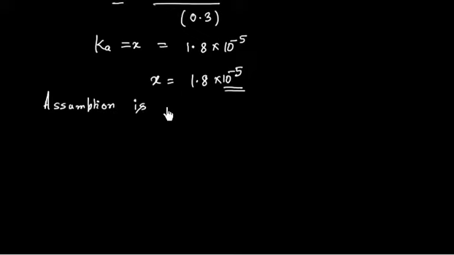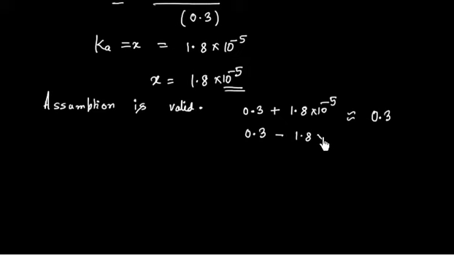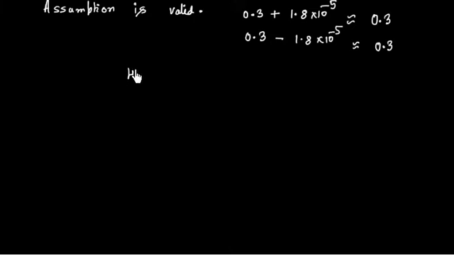It is always advisable to check the assumption, that is 0.3 plus 1.8 times 10 to the power minus 5 is approximately equal to 0.3. Similarly, 0.3 minus 1.8 times 10 to the power minus 5 is again approximately 0.3, and x is nothing but H plus. So now I know the concentration of H plus is 1.8 times 10 to the power minus 5.